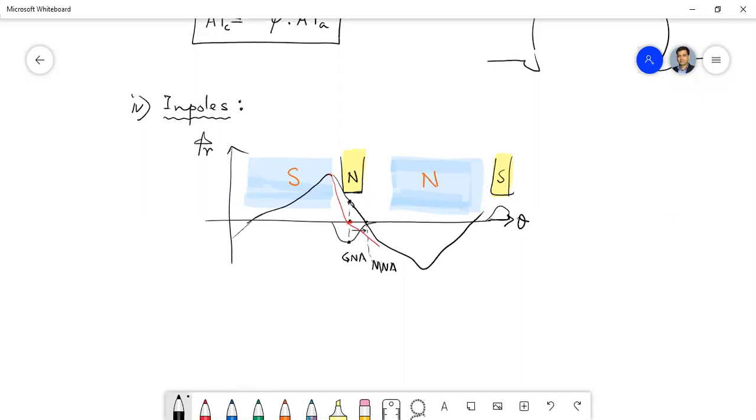But here we are getting some benefit out of this interpole, but only in the interpolar region, that you should remember. In the polar region, interpole doesn't have any effect. Is this clear?